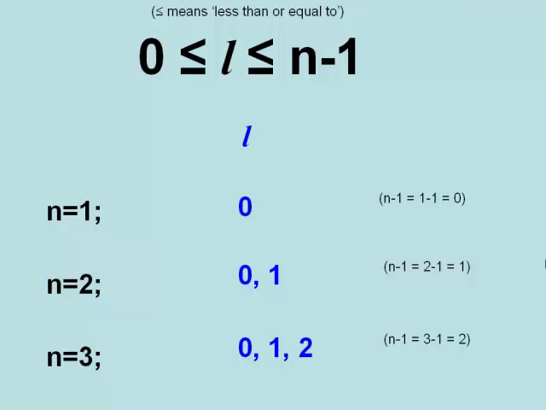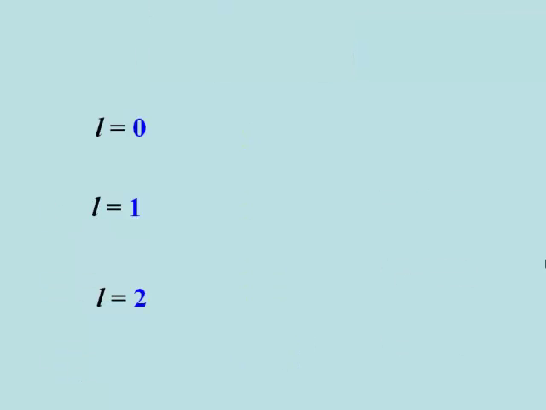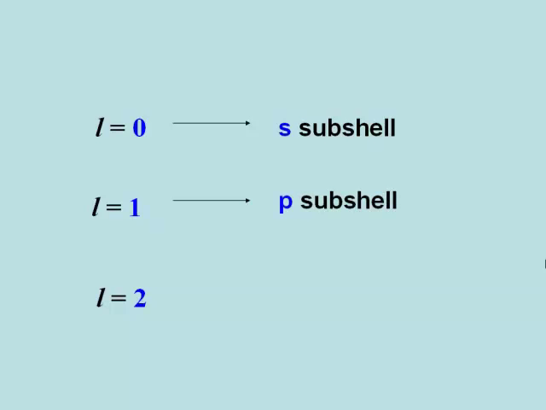These values of L tell us the shape of the orbitals as follows. The value L equals 0 corresponds to an s subshell. The value L equals 1 corresponds to a p subshell. The value L equals 2 corresponds to a d subshell.